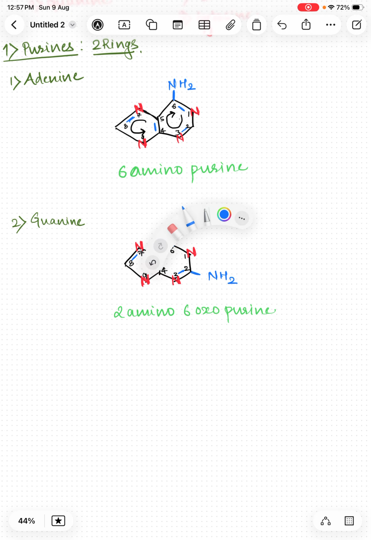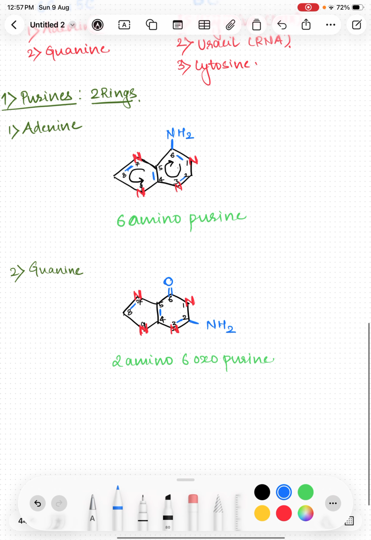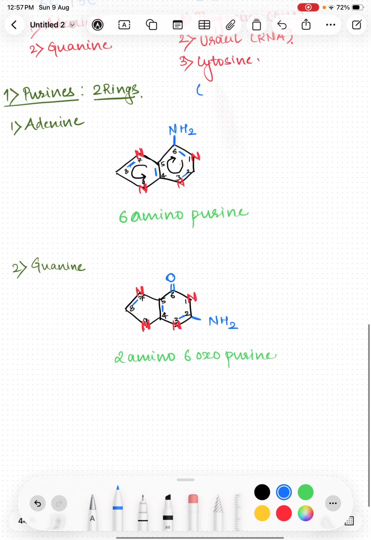Now see, the basic structure of purine consists of two rings, one ring of 6 carbon and another ring of 5 carbon. The numbering of the 6 carbon ring is always clockwise in case of purine, and the 5 carbon ring is always numbered anti-clockwise.